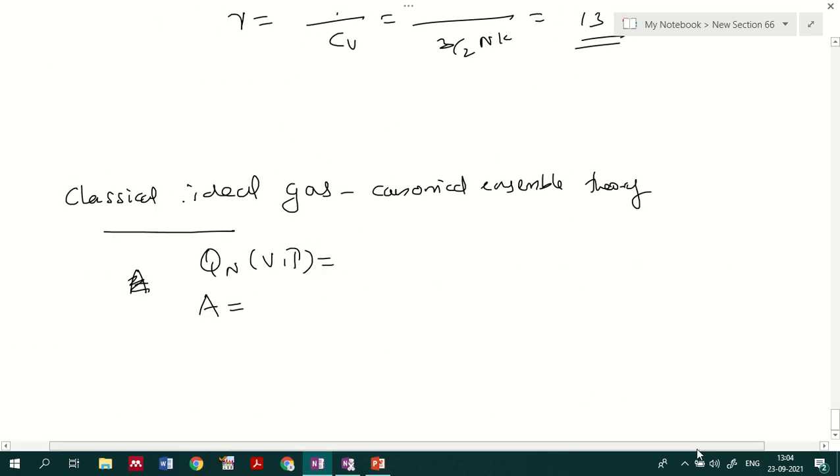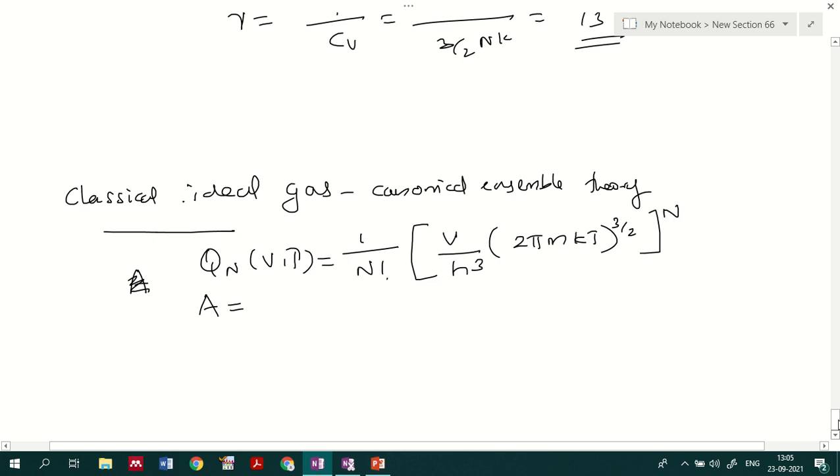So Qn of V, T is equal to 1 by n factorial times (V by h cube times (2 pi m kT) raised to 3 by 2) raised to n.